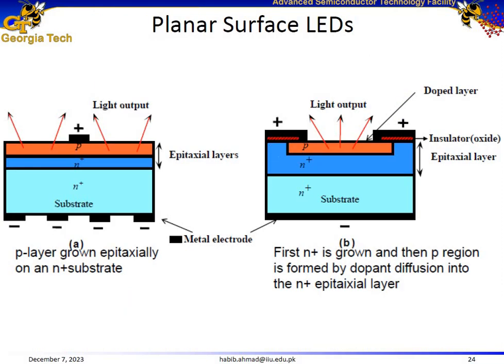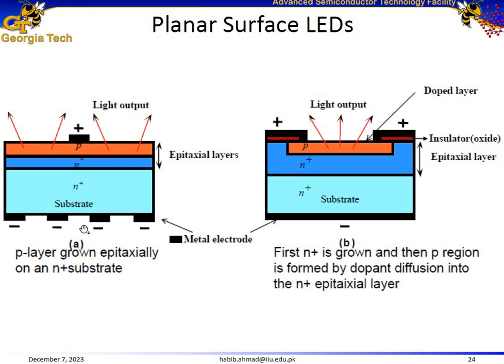Here is another configuration of light emitting diode. It's called planar surface LEDs, in which we have an N plus substrate, and then we grow an epitaxial N plus layer on top of that, and finally an epitaxial p-type layer on top of that.